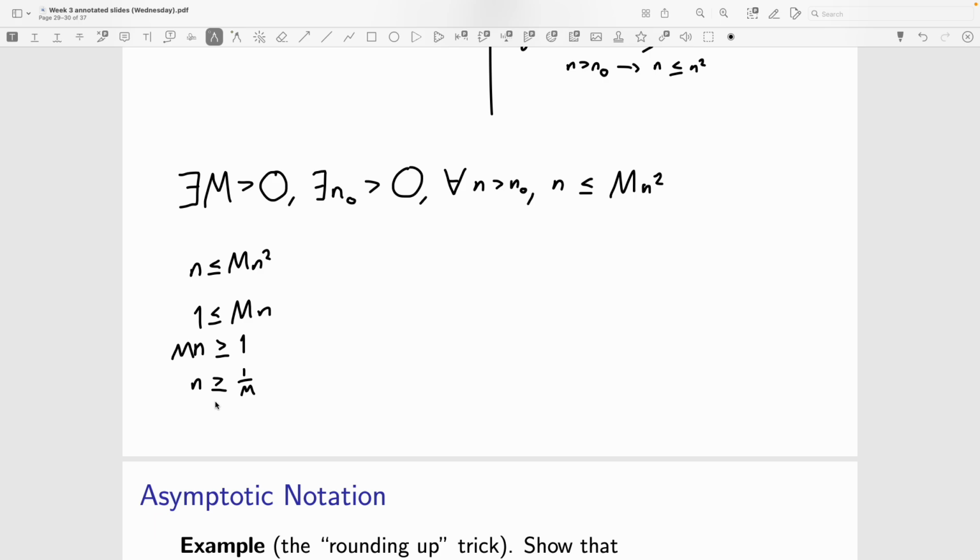And this example was simple enough that we didn't end up finding any constraints on the value of m. We can throw any value of m in there, and it'll still give us a pretty obvious choice for n naught.